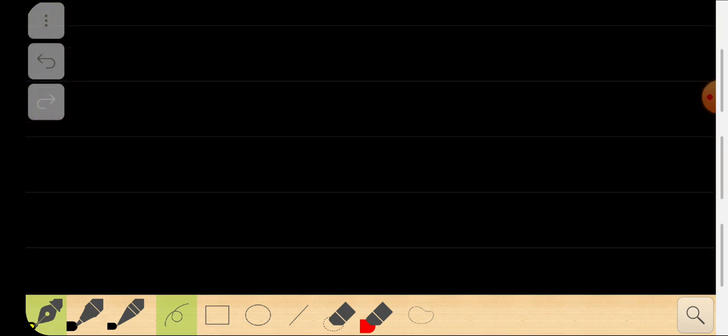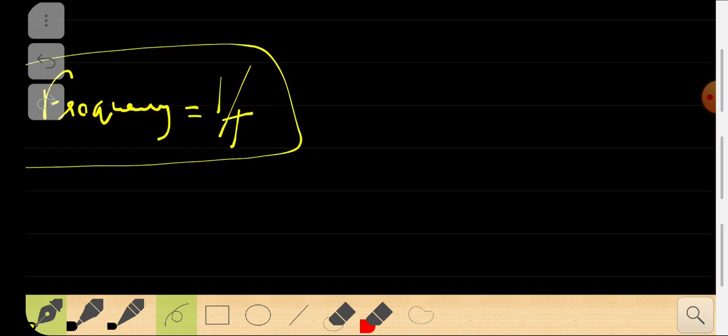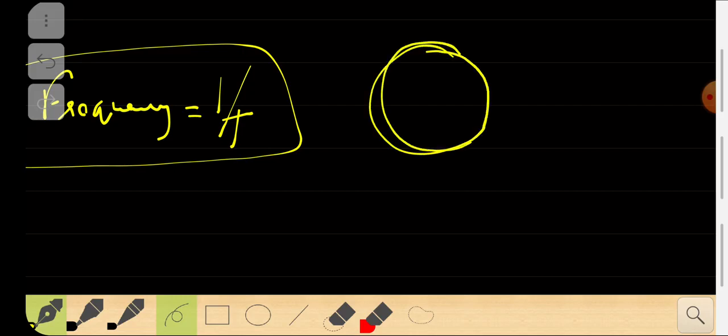Now there is something called the frequency, right? Frequency is equal to 1 by t. Why is it 1 by t? Frequency is the number of times that you go around in 1 second.